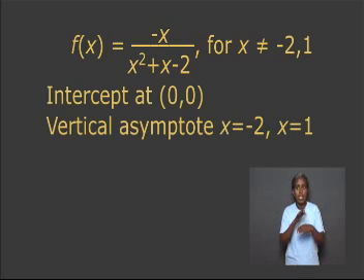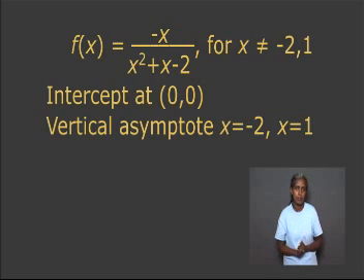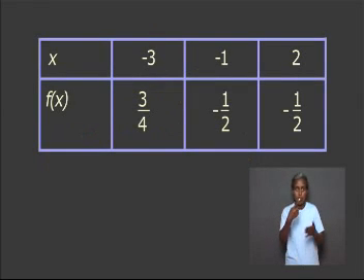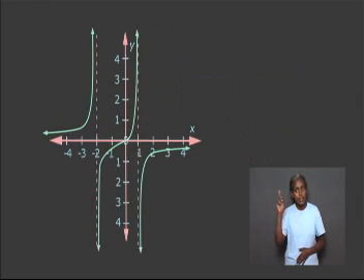There are vertical asymptotes at x equals -2 and x equals 1, and a horizontal asymptote at y equals 0. This table of values will allow us to plot the points of our graph. Here is the resulting graph of the function.